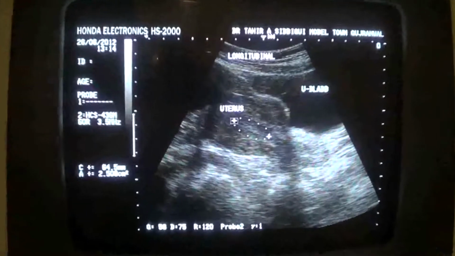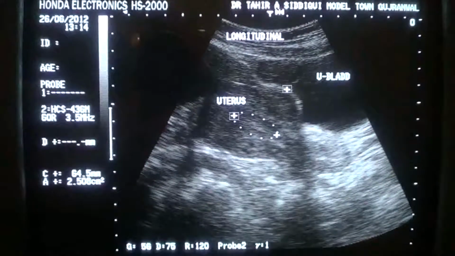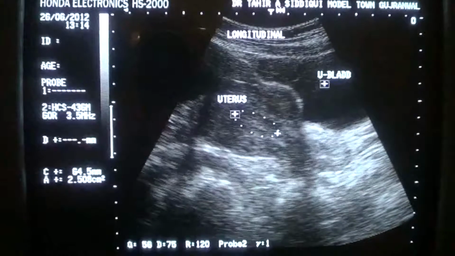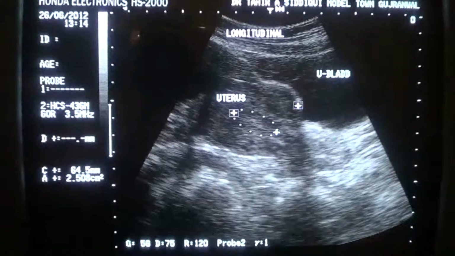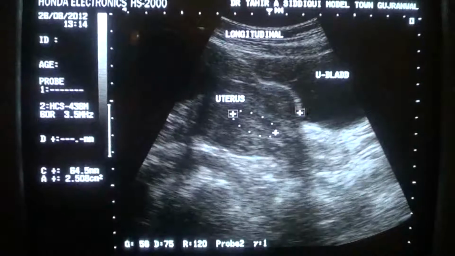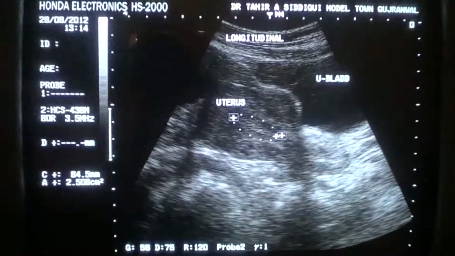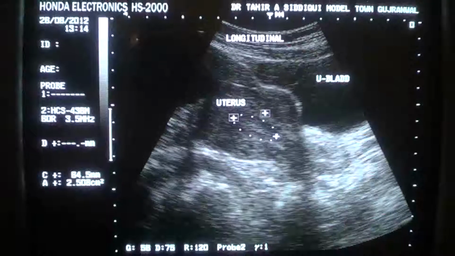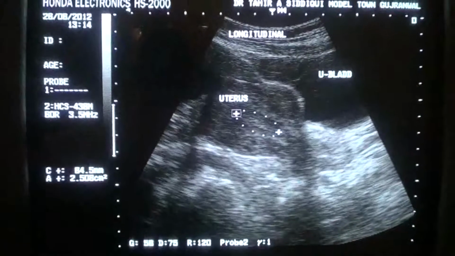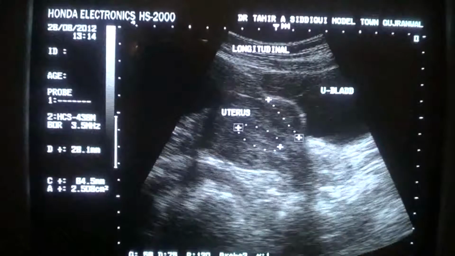Okay. And now this area that is being elevated and indenting into the urinary bladder wall, this area is the subserosal fibroid, indenting into the urinary bladder wall from the anterior wall of the uterus.